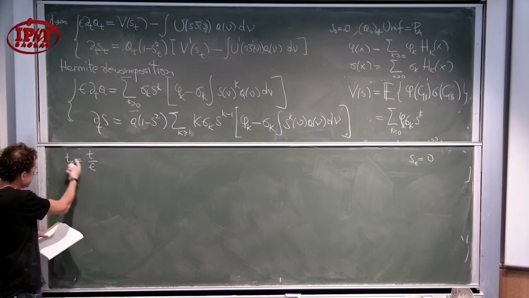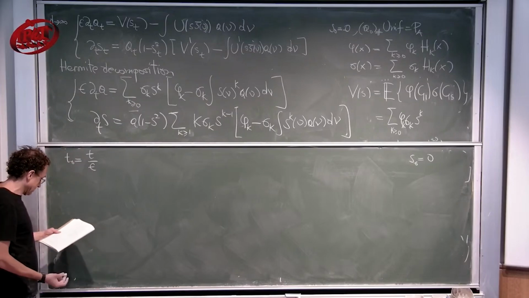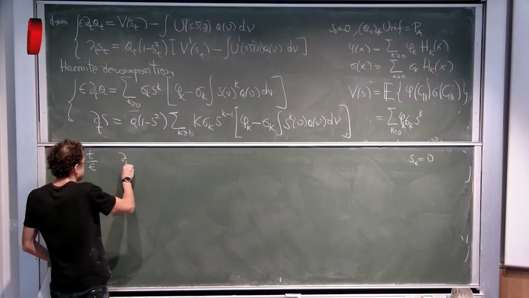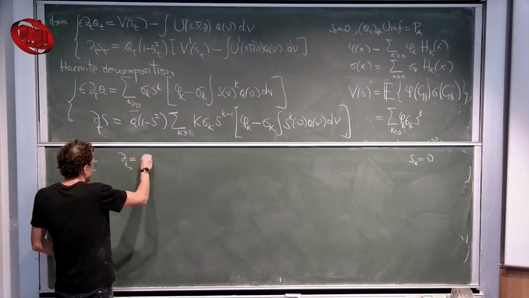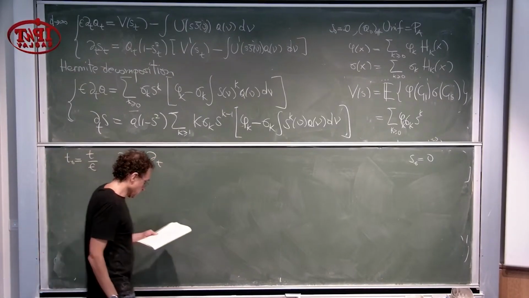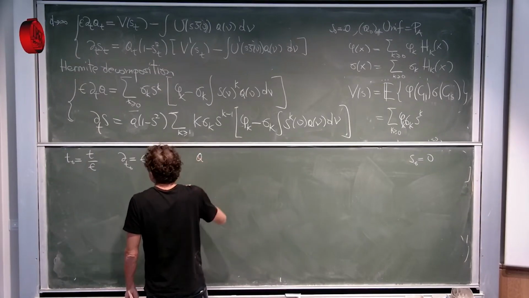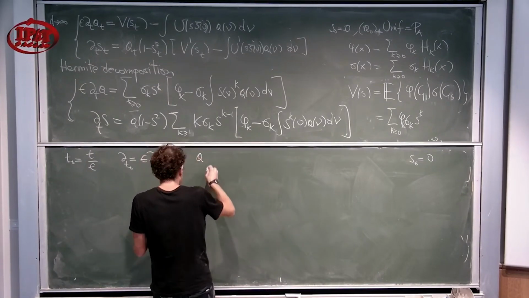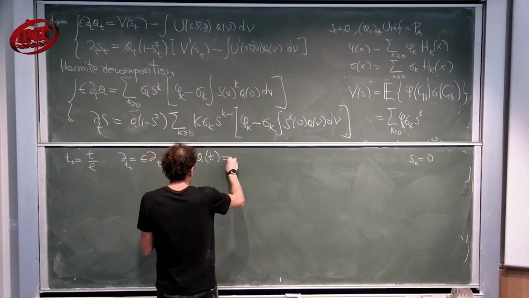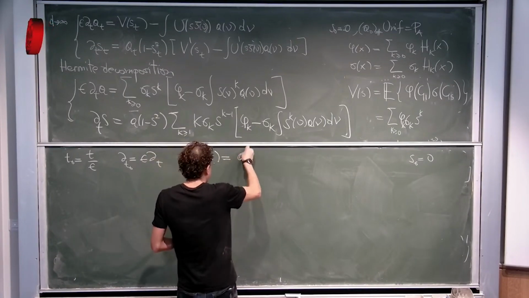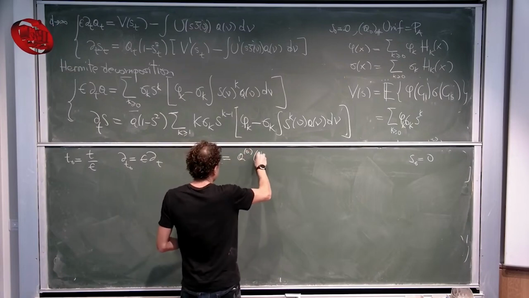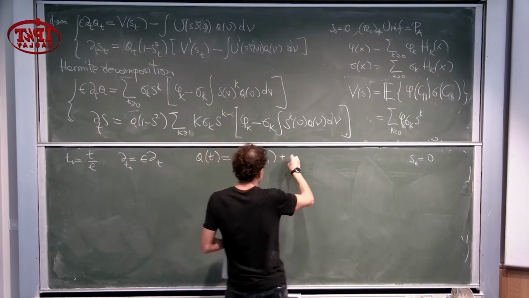So A evolves at speed 1 over epsilon, which means that dT0 is epsilon dT. Then we say, on this time scale, A(T) will be some A0 of T0 plus order epsilon.